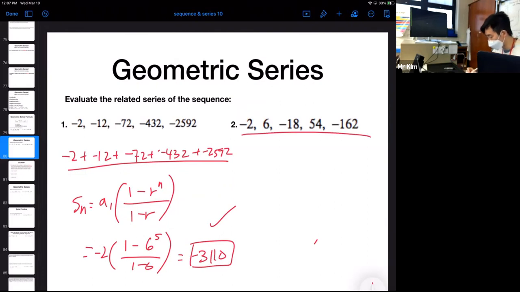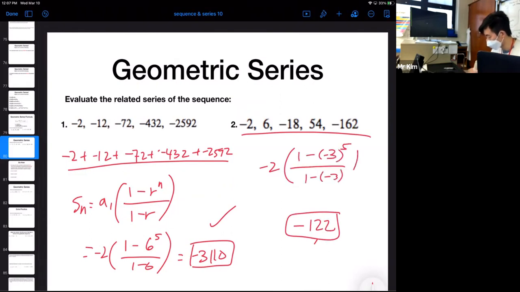Wyatt, could you just tell me the answer you got? -122, you said? Okay. I believe it's this over 1 minus -3. And yesterday, if you guys have that on your paper, that's great. If you typed it in your calculator as, oh, I see double negatives and do a plus sign, which I have seen in some cases, that is not what I would like for you to do.